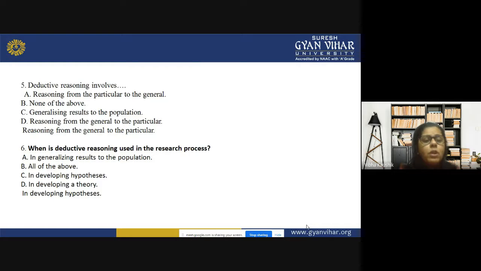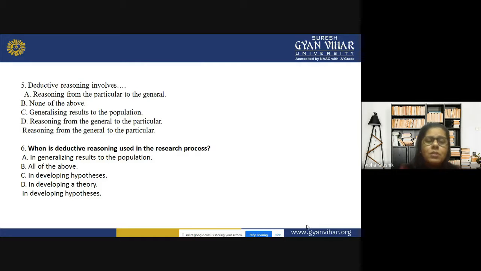Now, the sixth one: when is deductive reasoning used in the research process? The first option is in generalizing results to the population, when we have to generalize the results to the whole population.